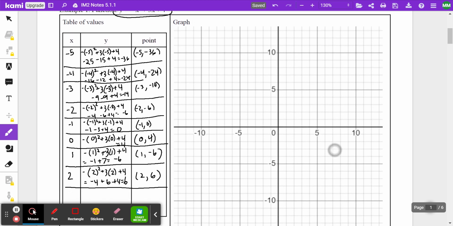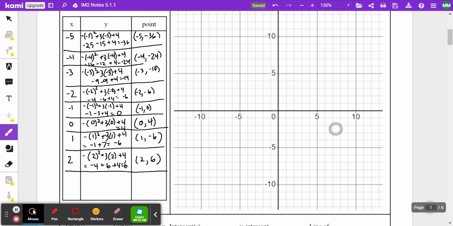Okay, so I'll start from the bottom. Over 2 up 6. This should be on my graph. Sorry, the previous one should have been positive 6. So 1, 6 is also on my graph, right?